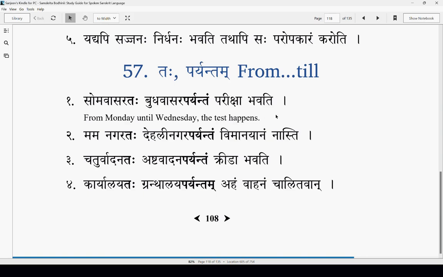So note that these are added to other nouns, namapada, and when they are added, they become avyam, right? Somavasaratah becomes avyam. Budhavasara Paryantam. It doesn't change the form. Somavasaratah Budhavasara Paryantam Pariksha Bhavati. Starting from Monday until Wednesday, something is happening or something happened.